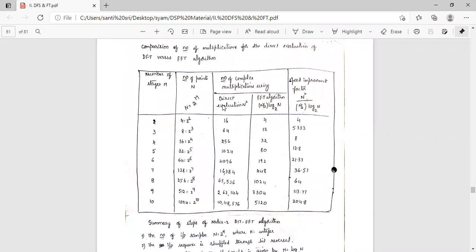With N equal to 4, that is 4 by 2 times log 4 to the base 2, so it becomes 4, then 12, like this. Now we can find the speed improvement factor, that is N squared divided by N by 2 log N to the base 2. So this is 4, this is 5.5, like this.